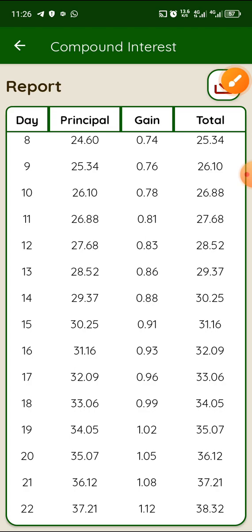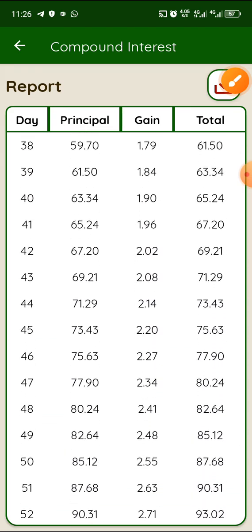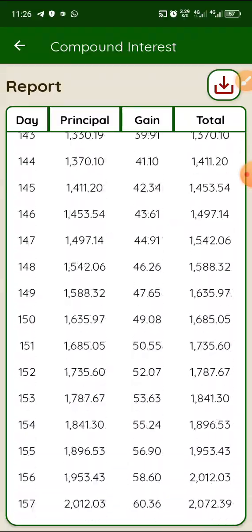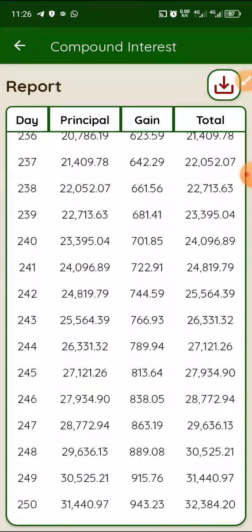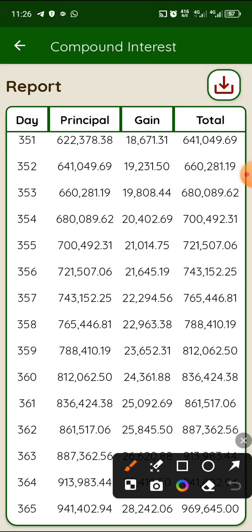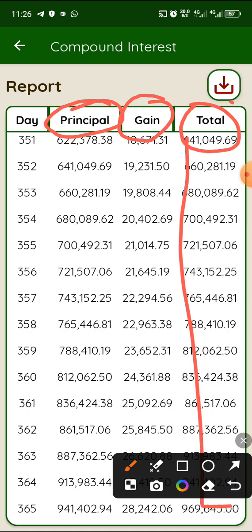And guess what? If you do compound your capital within a year, this is your principal or your capital, and this is your gain or your profits. And in total, the capital plus the profits is what you will be seeing in this column here.